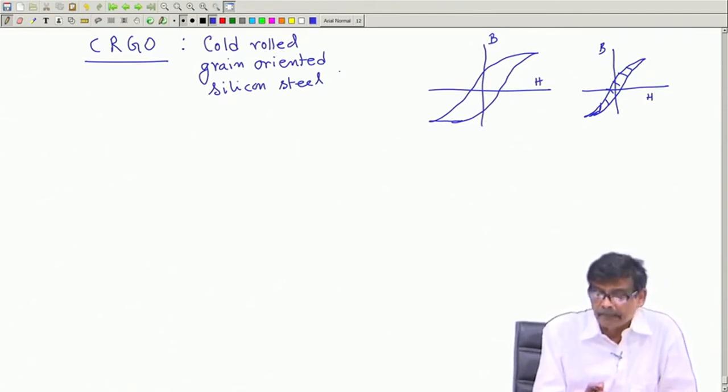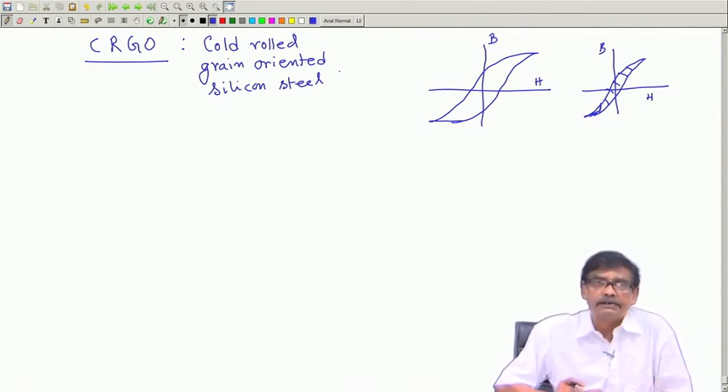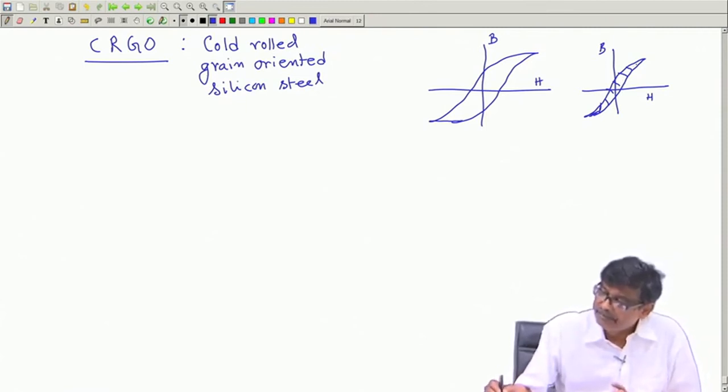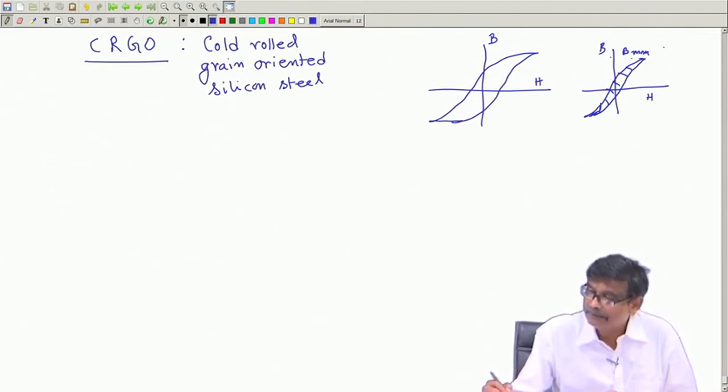And silicon, if you add to this material, will increase its resistivity, thereby eddy current loss will be reduced. Therefore, in essence, this area, of course, as you can see, will also depend upon Bmax. Suppose the Bmax is more, even if it is a thinner loop, this area gets increased.